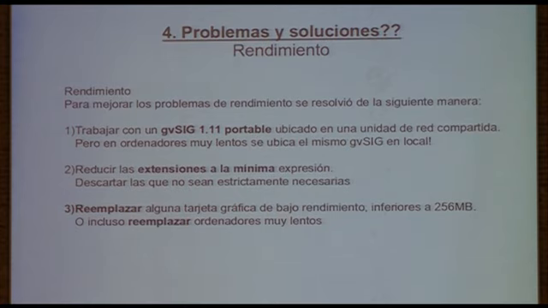Solutions. As regards performance, we used the portable version, for one, because it's stabler. Having a personalized, perfect machine is more stable, and it allows for a good maintenance of gvSIG and not having many versions, and it would hence be easy to update it.